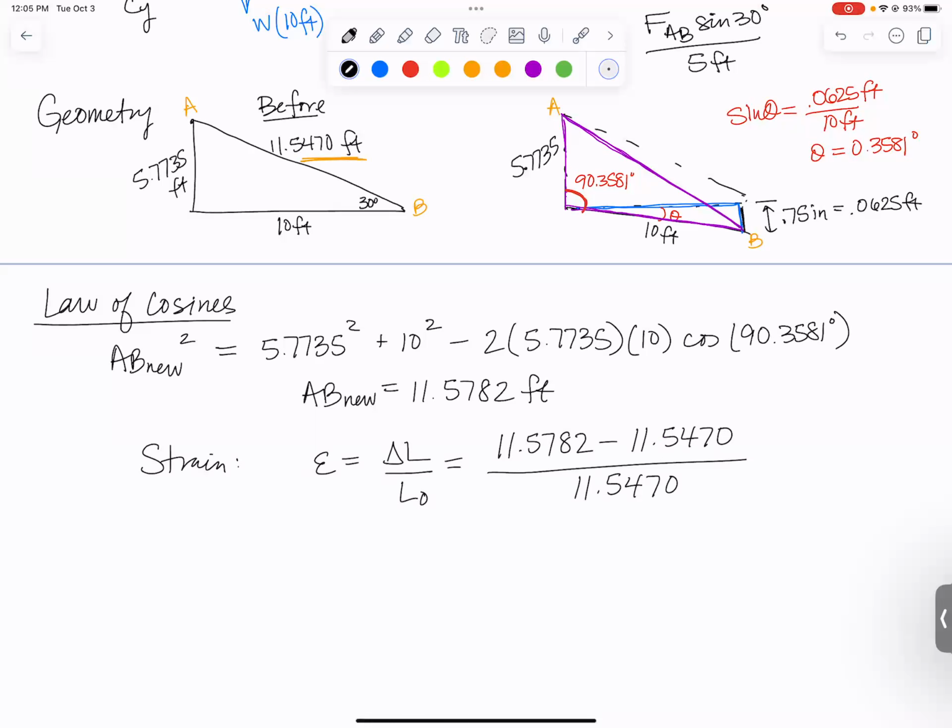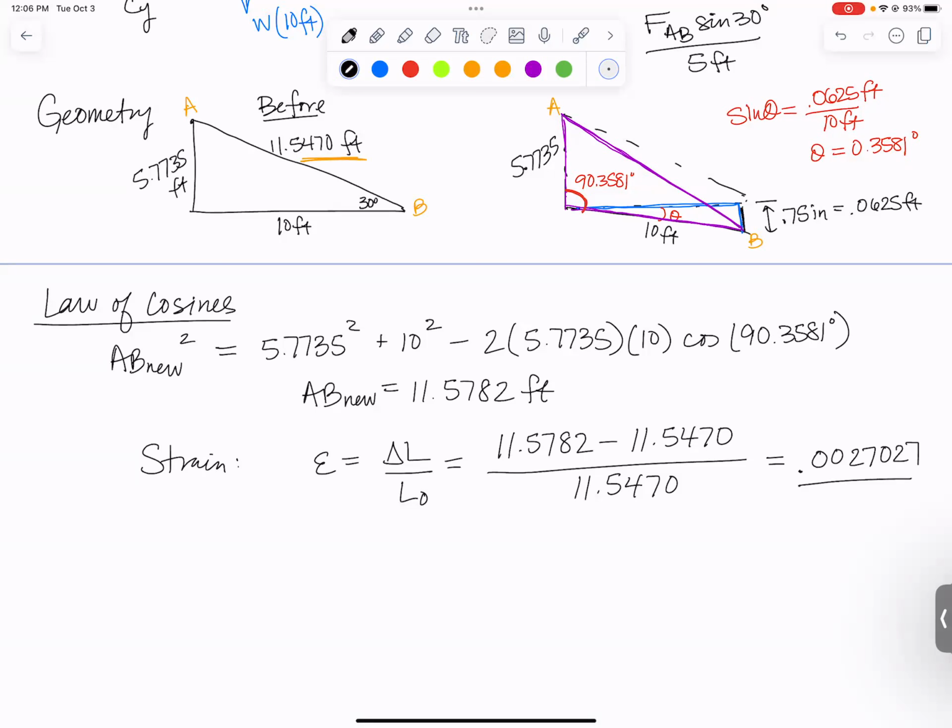And you can start to see why if I don't have a lot of decimal places, I'll get a really badly rounded number. This comes out to be 0.0027027. So that is the strain that you have to develop in the guy wire AB in order for B to go down 3/4 of an inch.